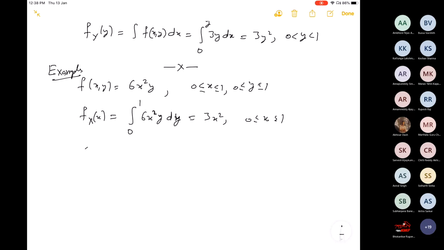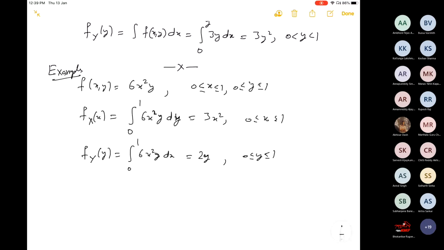And what is the marginal of y? That is the integral of 6 x square y dx, with x between 0 to 1. So this is 6y into x cube by 3, that is 1 by 3. Therefore, this is 2y.